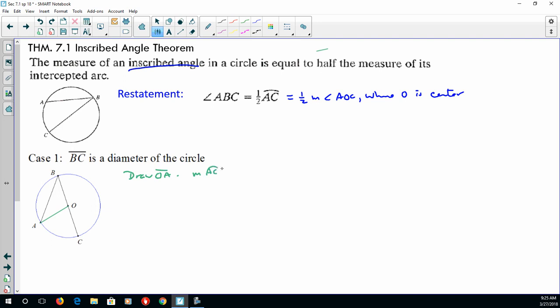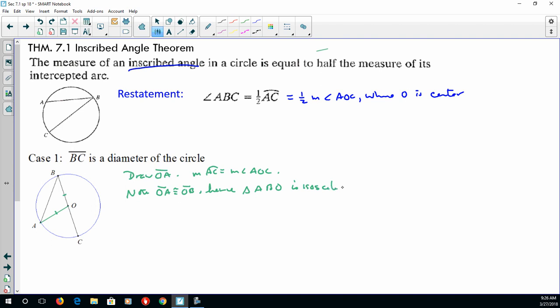That's the definition of arc measure. Now, let's note that OA is congruent to OB because both are radii of the circle. So this side and this side are the same, and triangle ABO is isosceles.